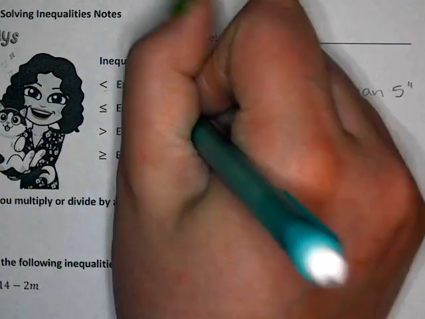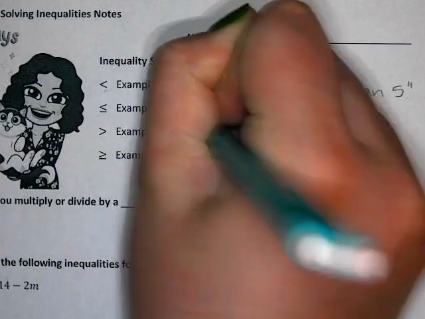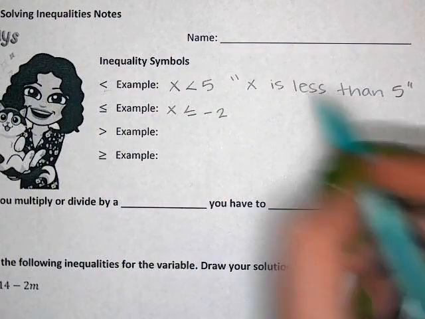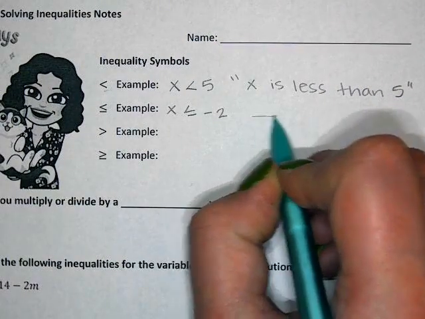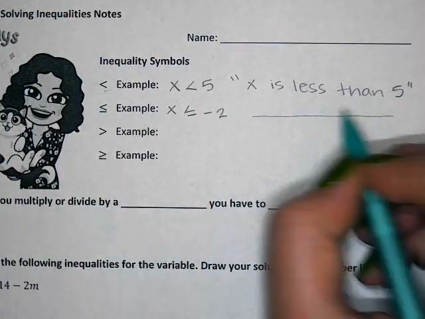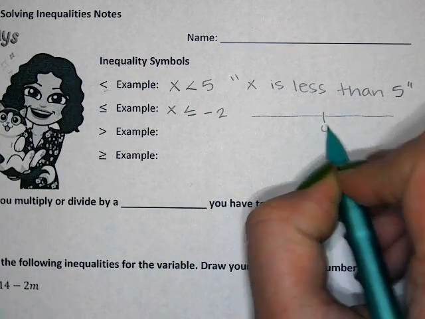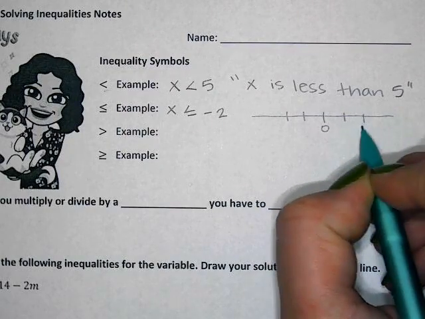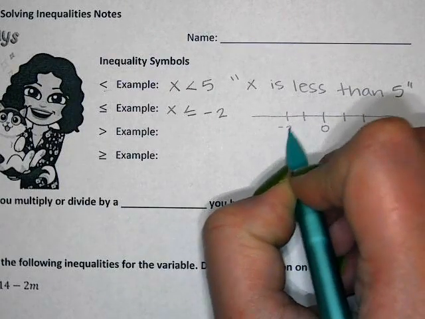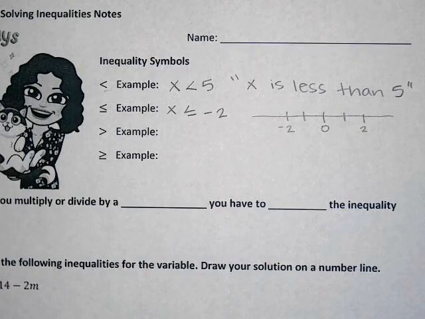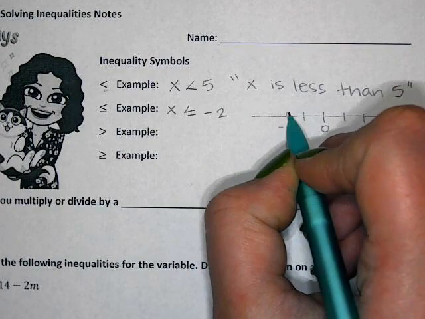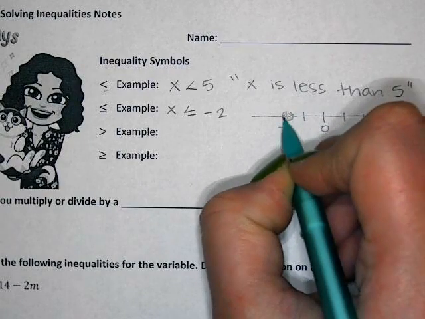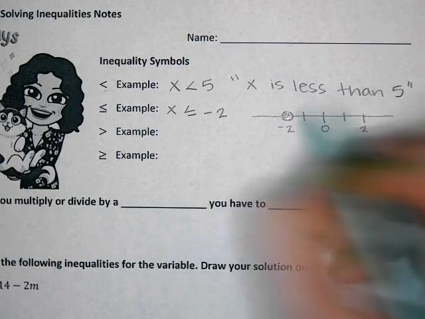The next one, we're going to do x is less than or equal to -2. This one we're going to draw on a number line. So here's -2. I would draw a circle on the -2 and fill it in because you can equal -2.